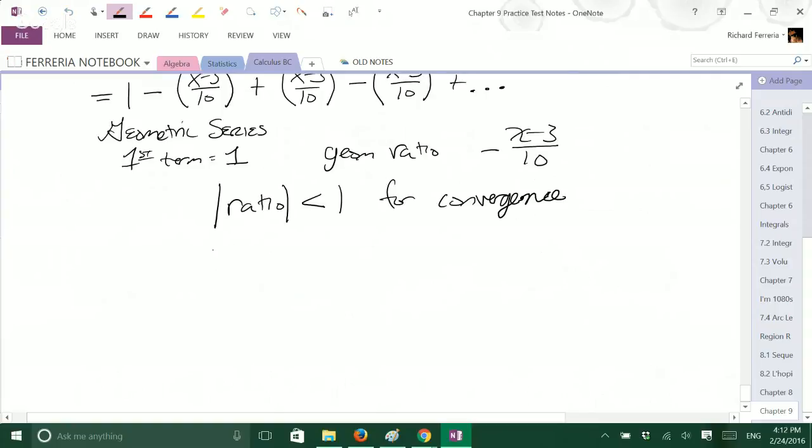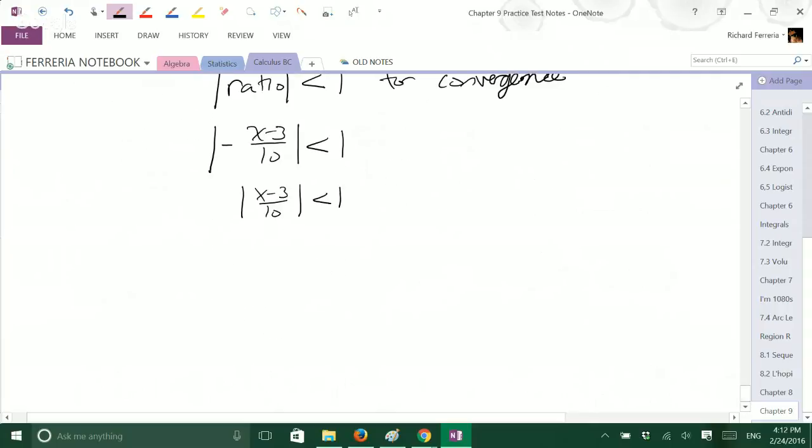Okay. So the absolute value of negative x minus 3 over 10 should be less than 1. You don't need that negative sign anymore. The absolute value of x minus 3 over 10 should be less than 1. Okay, so let's try and solve this from here. My advice to you right now is I would always multiply and divide right now. So I would multiply both sides by 10.